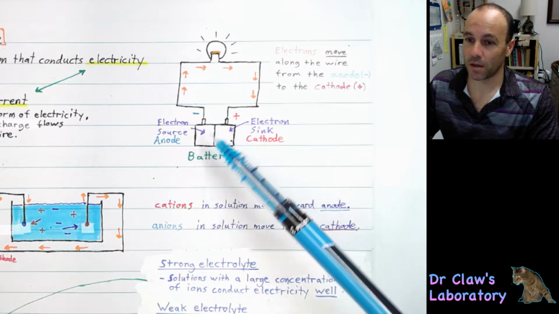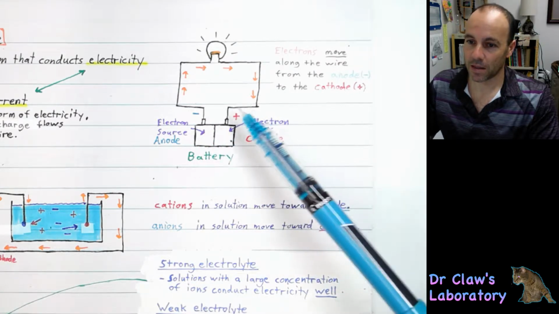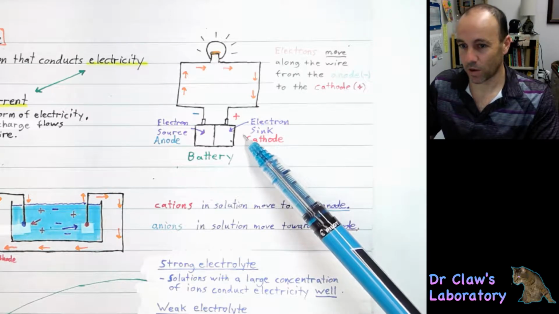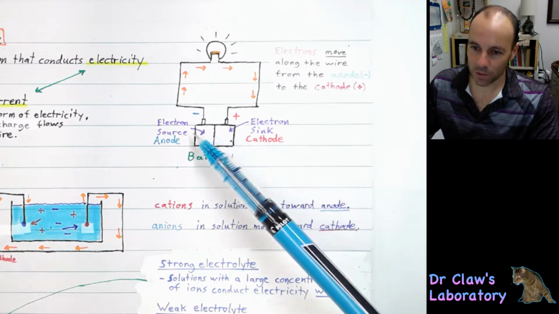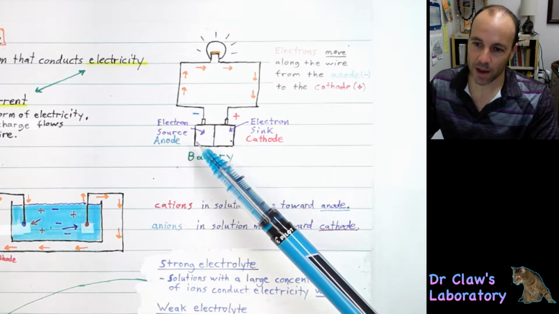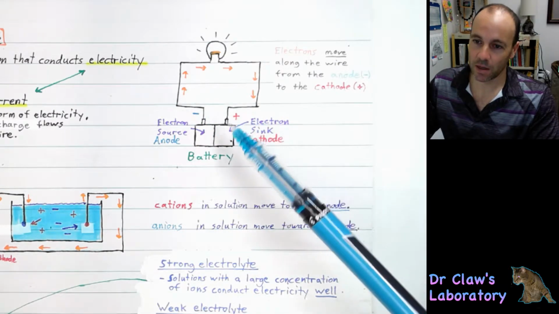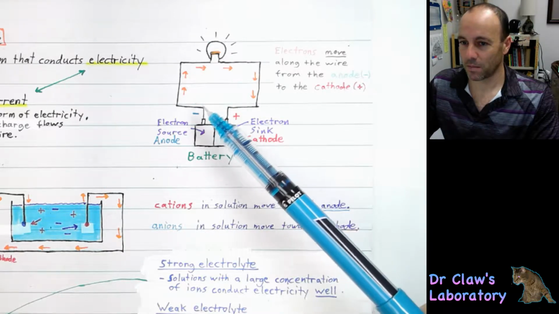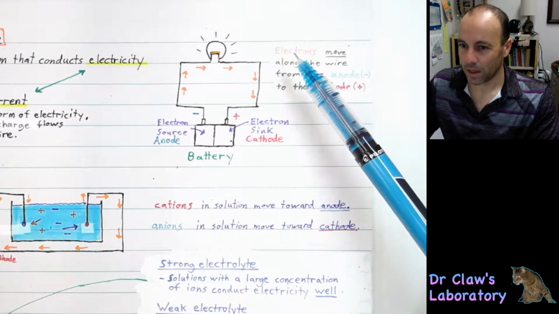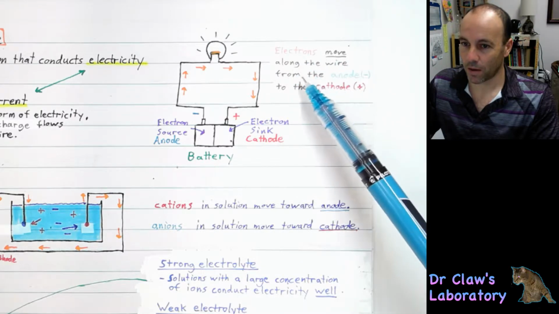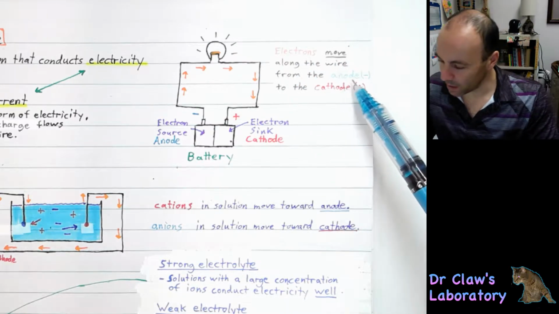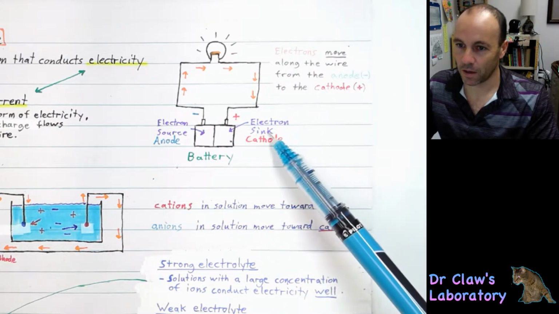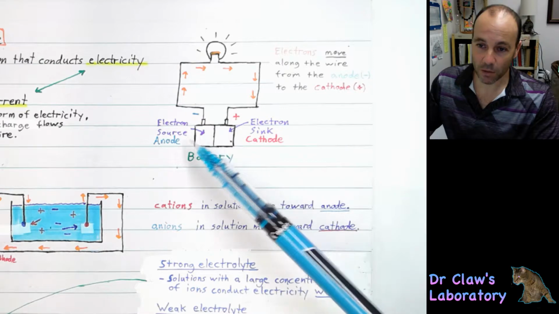Electrons are generated over here, and the positive terminal is an electron sink in which electrons are absorbed. And that's what a battery is. You got one side that produces electrons and the other side that absorbs electrons, and so if you connect them with a wire, the electrons move along the wire from the anode, the negative side, to the cathode, the positive side. They're pulled along the wire.